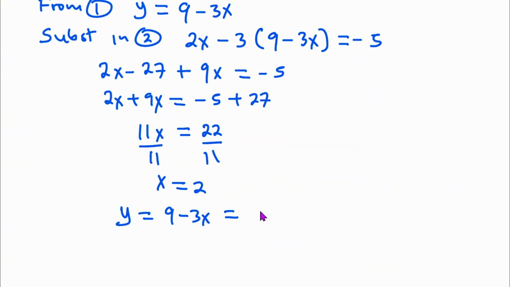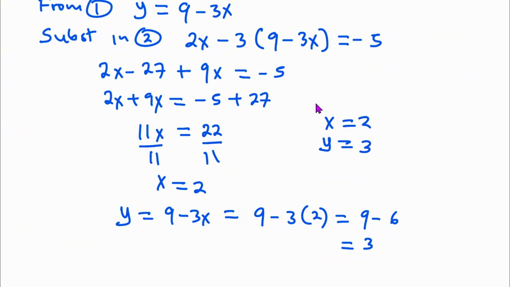So this will be 9 minus 3 into 2. So that is the same as 9 minus 6, so that y is equal to 3. So we have the value of x as 2 and the value of y as 3.